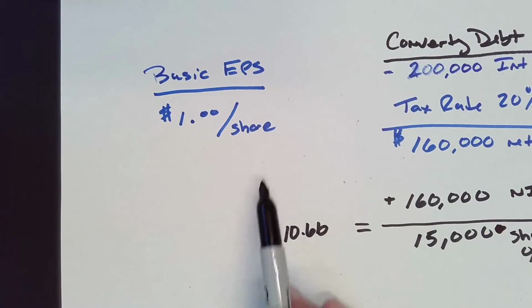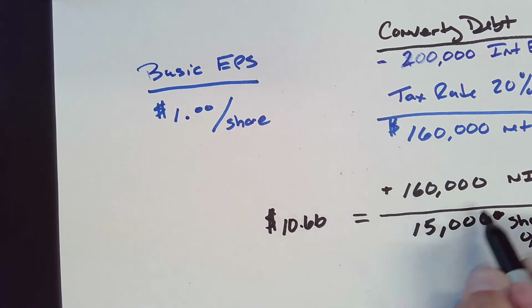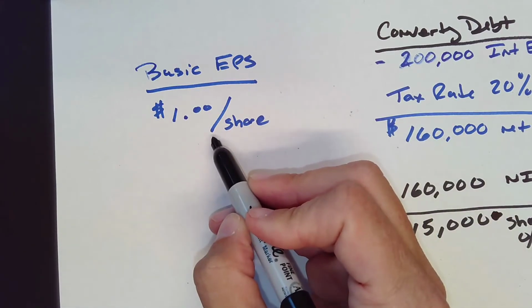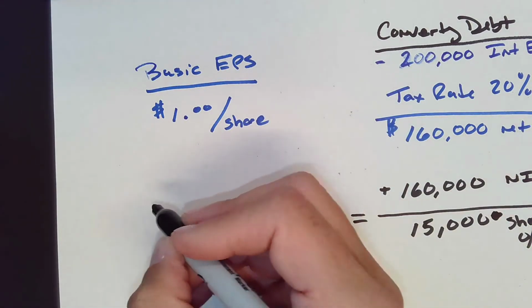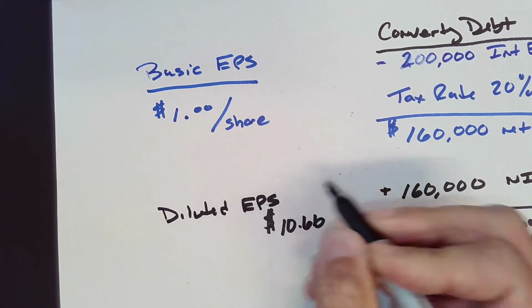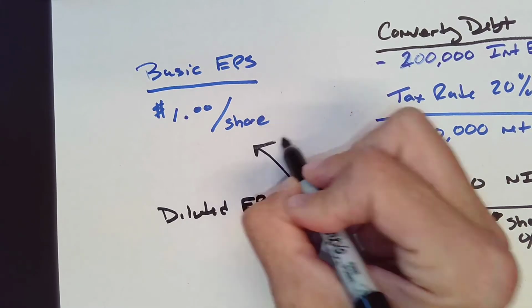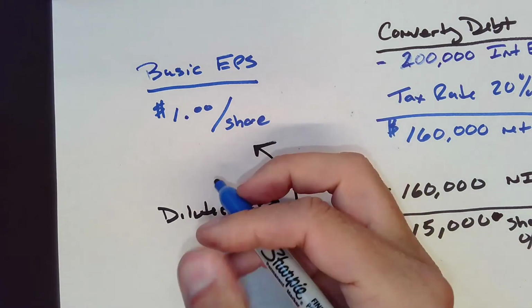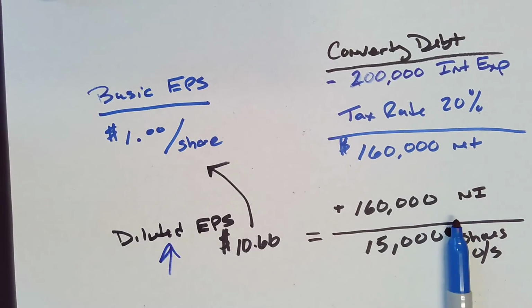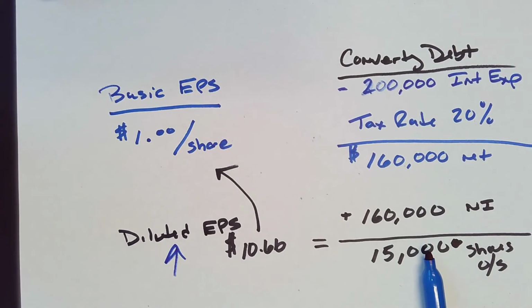If I factor this into my earnings per share calculation at $10.66, my earnings per share, if I factor this in to come up with diluted earnings per share, and I put this into the calculation, my diluted earnings per share will increase because of this particular conversion.